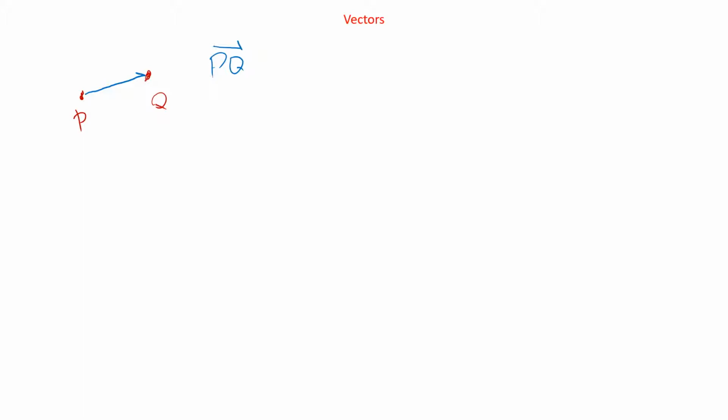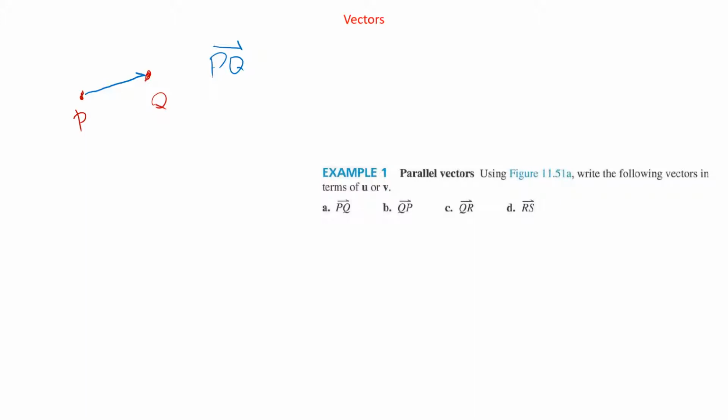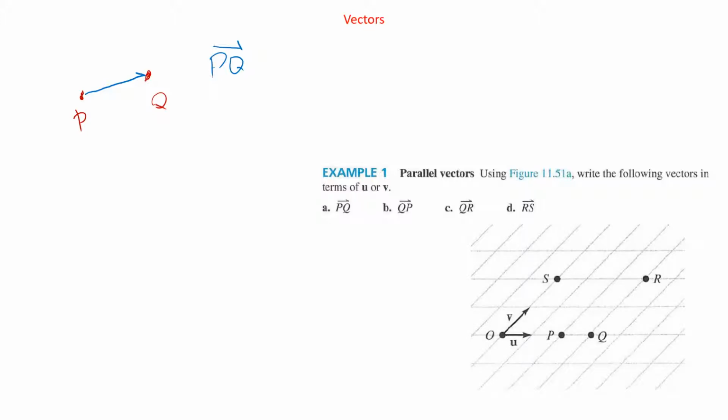We can multiply by scalars. So if you have, say, 2PQ, it would be the same thing, but it would be twice as long. Negative would be backwards. And so what we can do is write these in terms of U and V. So PQ, that would be just this distance right here.